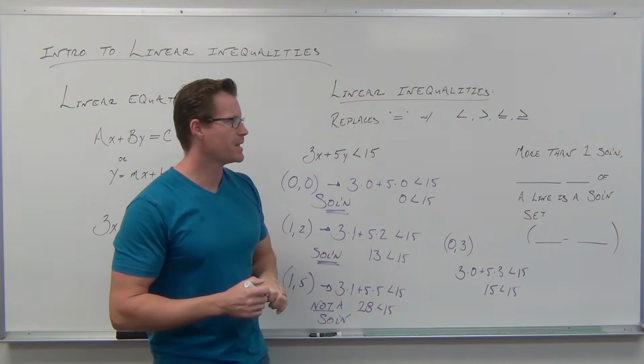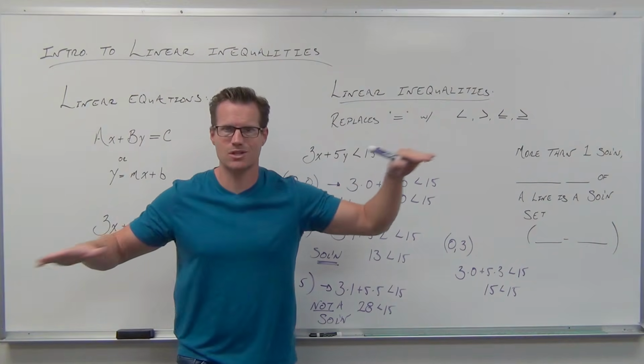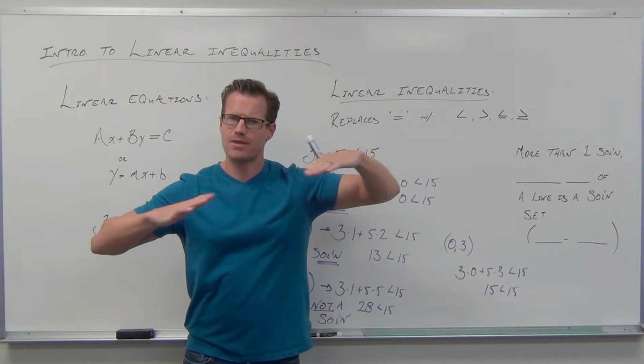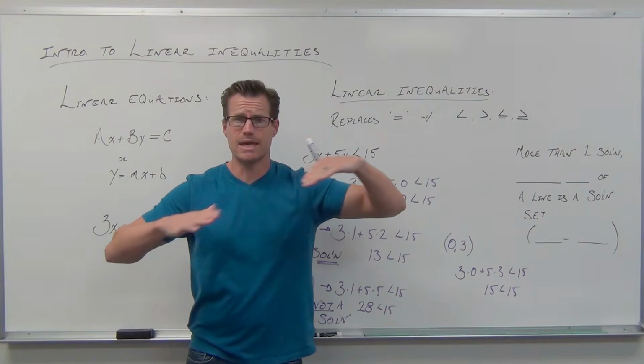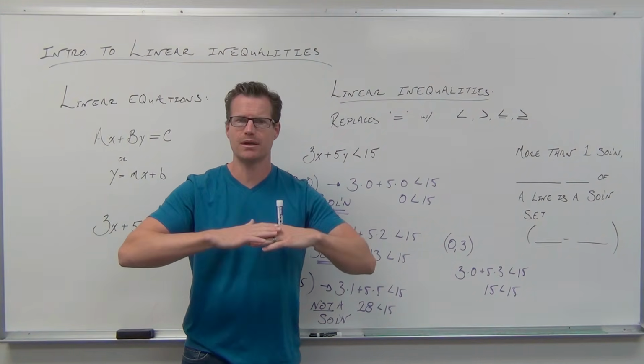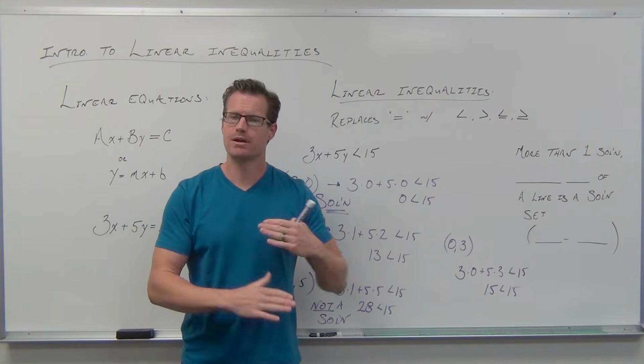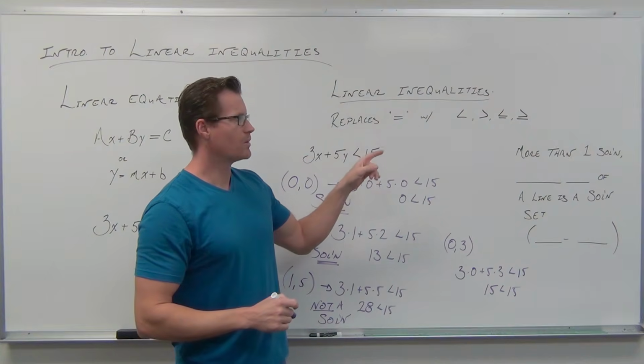A linear inequality is much more than one solution. So are lines, but this is much more than just a line. This is saying that line separates the plane in two. You get half a plane, like plane being the flat thing, either the top half or the bottom half that are solution sets. So more than one solution.